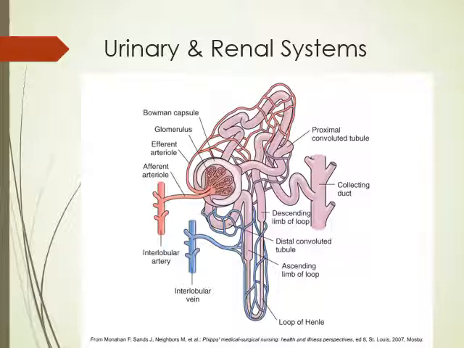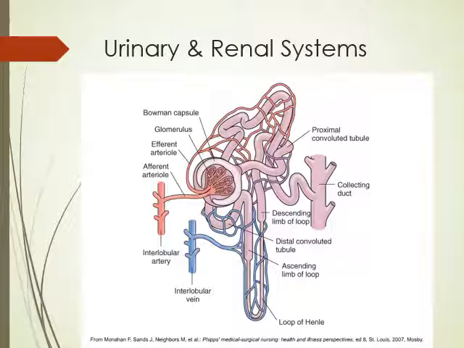It's called convoluted because it's not straight, it's twisted. It reabsorbs about 80% of electrolytes, water, glucose, amino acids, and bicarb, and it secretes hydrogen ions and creatinine.